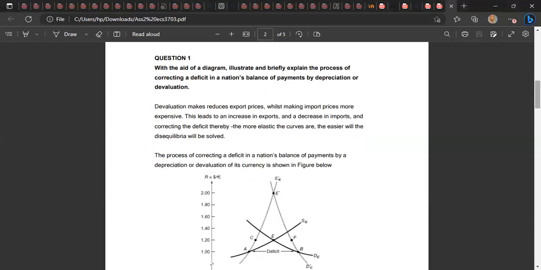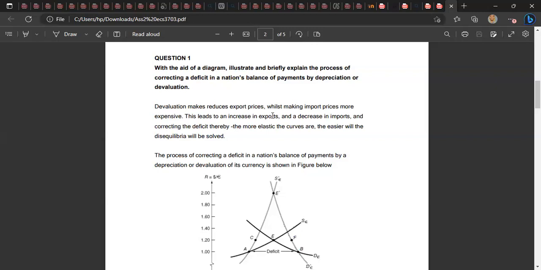So with the aid of a diagram, illustrate and briefly explain the process of correcting a deficit in a nation's balance of payments by depreciating or a devaluation. So you realize that when we talk about the deficit here, we really are talking about the trade balance, right?